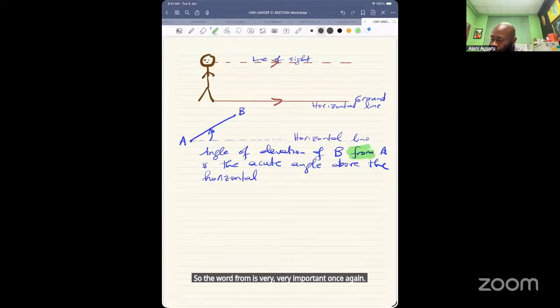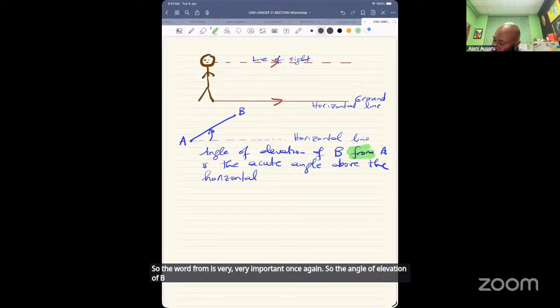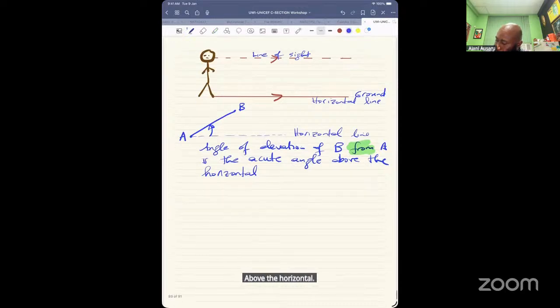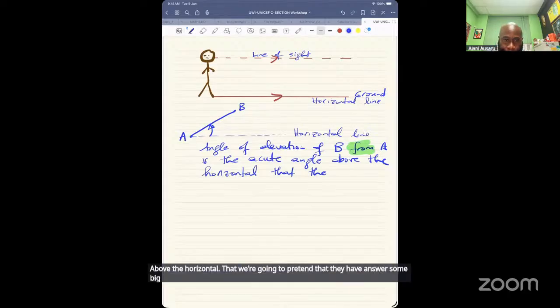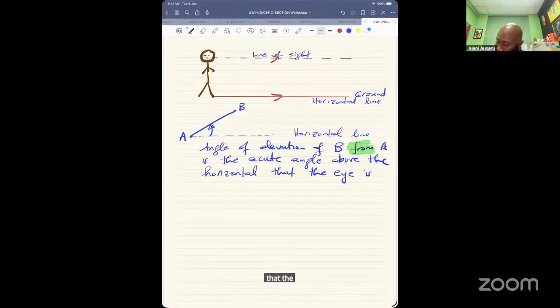So the angle of elevation of B from A is the acute angle above the horizontal. We're going to pretend that the ants have some big eyes, that the eye is raised from A to B.